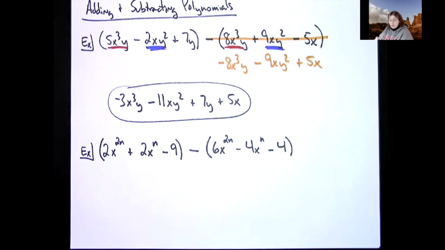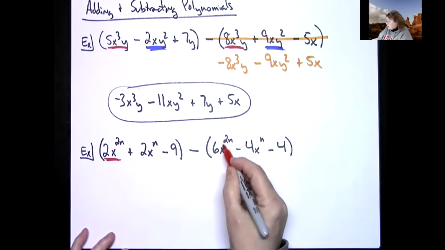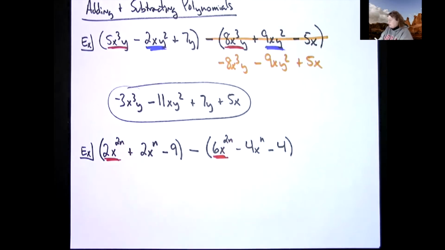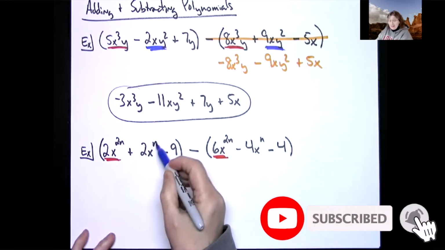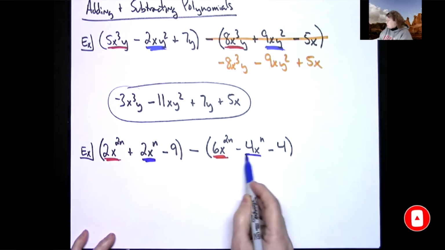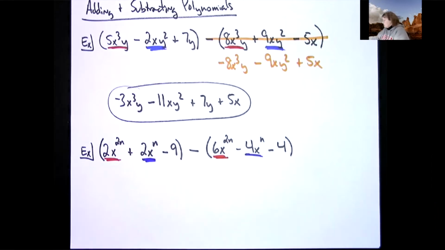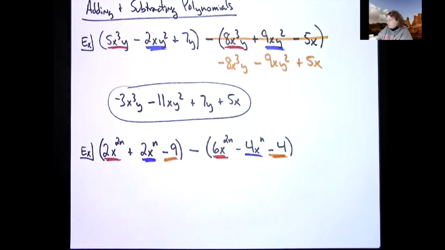I'm still going to look for bases and exponents that match. This is an x to the 2n and this is an x to the 2n, so those are my like terms. This one has an x to the n power and this has an x to the n power, so these are my like terms. Anytime I have constants, this is a plain minus 9 and this is a plain minus 4, so those go together.